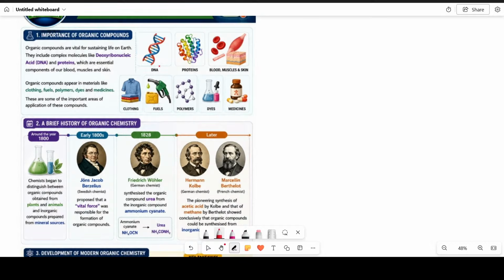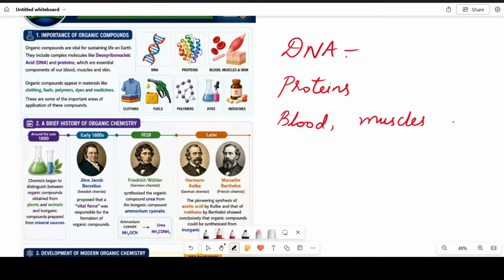They include biomolecules or complex molecules such as DNA, called deoxyribonucleic acid, proteins, and some more essential components of our blood, muscles, and skin.